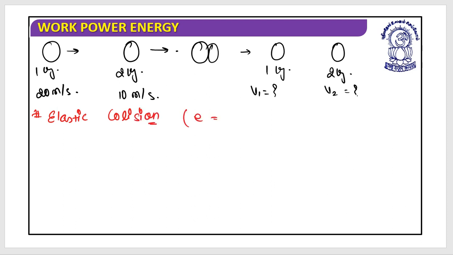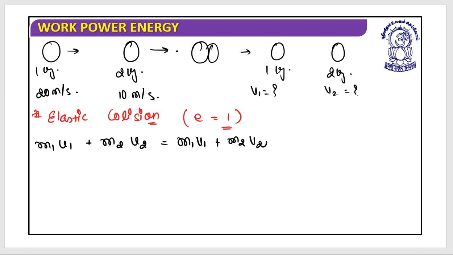When they mention elastic collision, I understand that my coefficient of restitution equals 1. So when it is elastic, I can conserve the momentum: m1u1 plus m2u2 equals m1v1 plus m2v2.